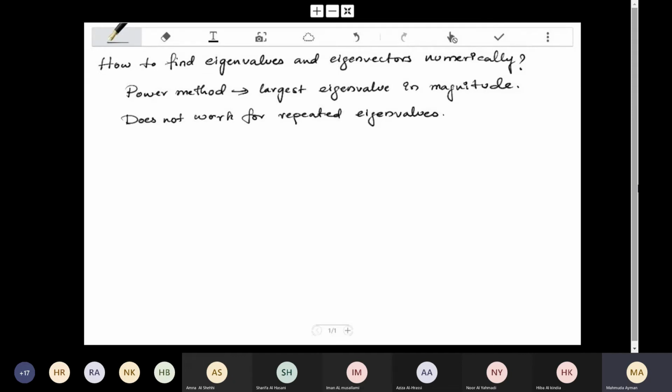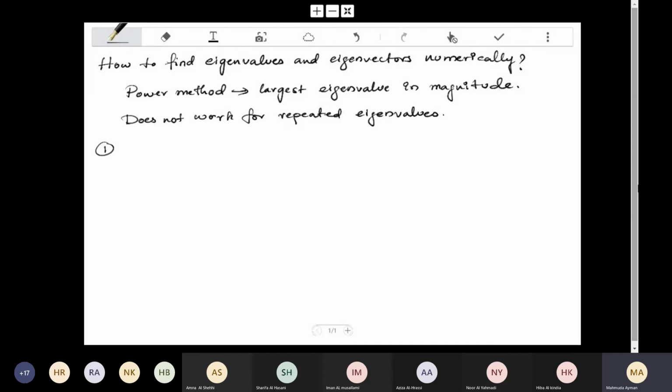Now, the algorithm of the power method is as follows. I'll write it down here in normal words.